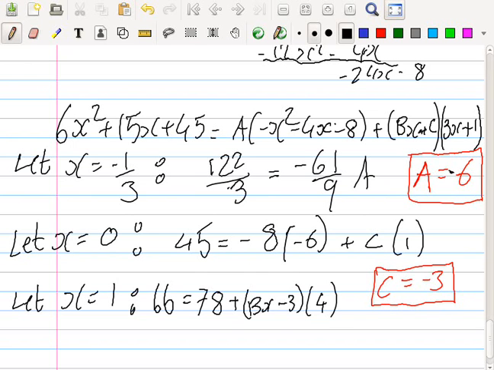Okay. What am I doing, bx? X is 1, so just b. Alright. Let's see what we get here. 66 minus 78 divided by 4 plus 3. So here I got b is 0.